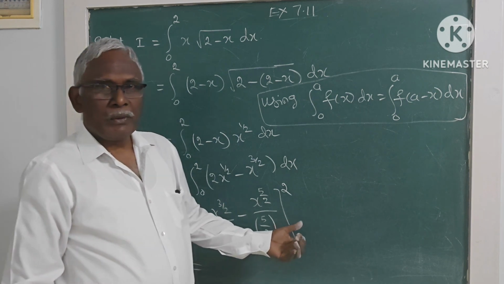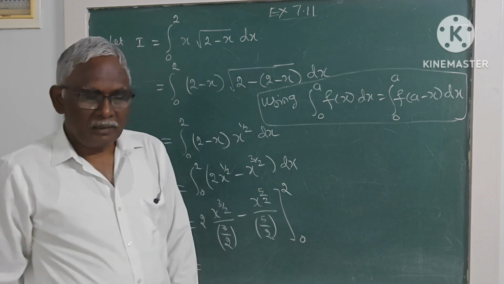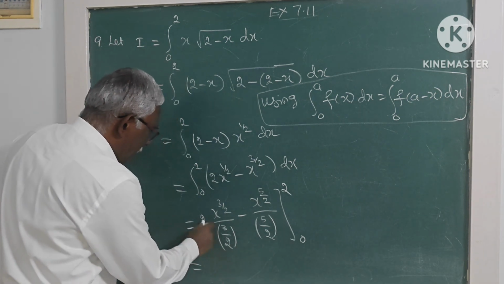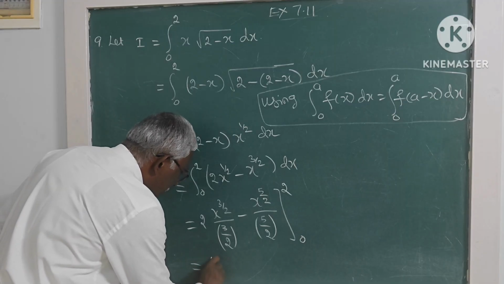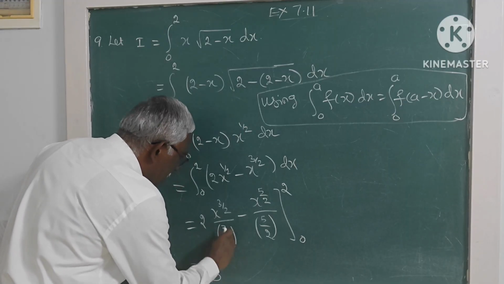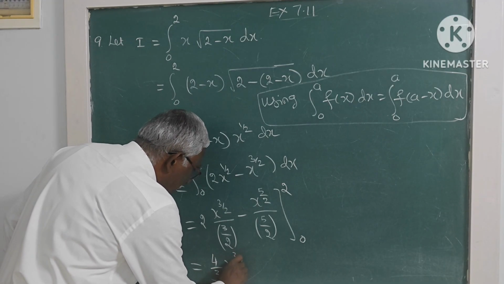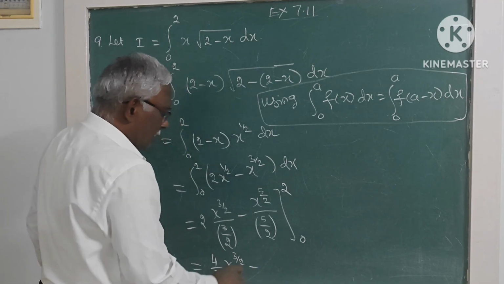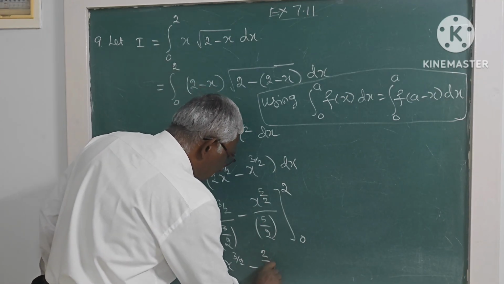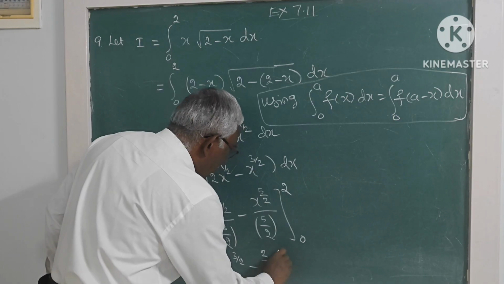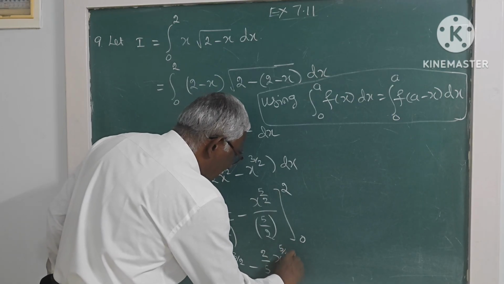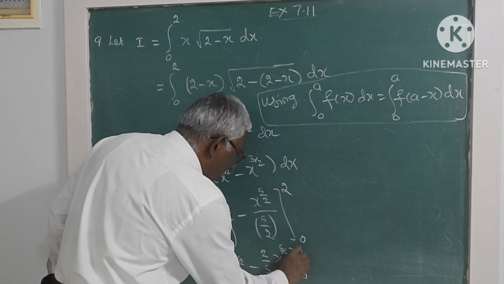So before substituting the value, we'll simplify this expression. So this will be 4 by 3 x power 3 by 2 minus this will be 2 by 5 x power 5 by 2, from 0 to 2.